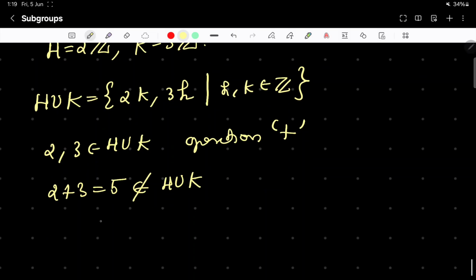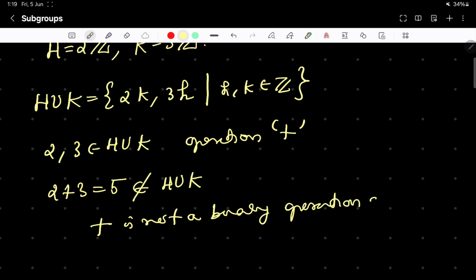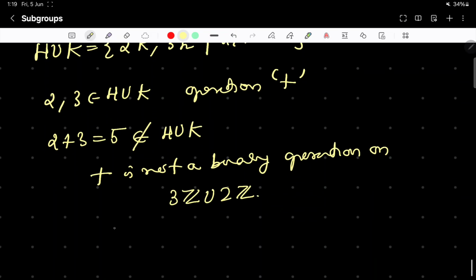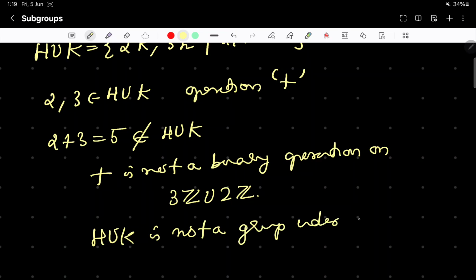That means plus is not a binary operation on 3Z union 2Z. That is, H union K is not a group under addition. So a union need not be a group.